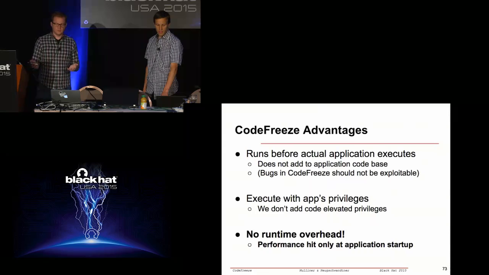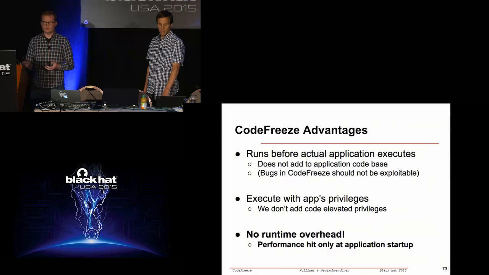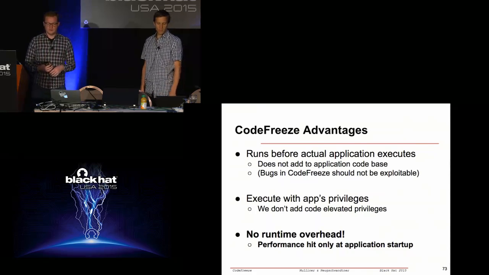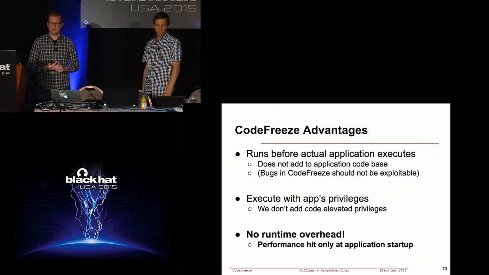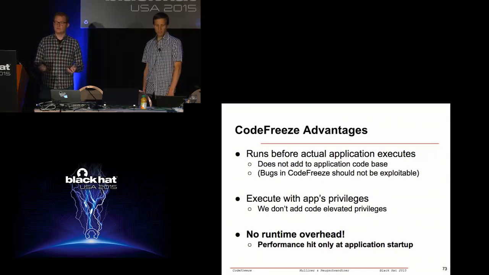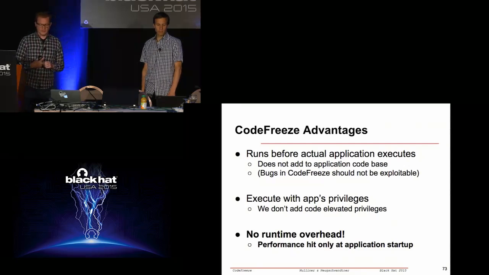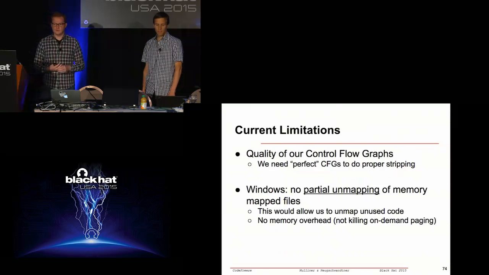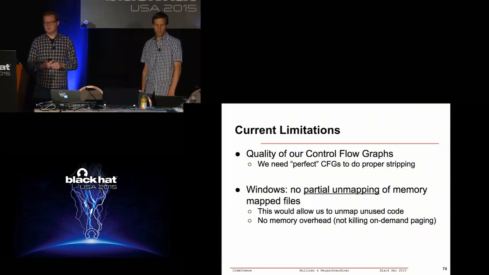We execute with the application's privileges, so we don't raise any privileges for our code, and we don't induce any runtime overhead. We have this small performance hit when you start the application for the first time. Then it takes a little bit longer, but if you think about server applications or long-running processes, this doesn't matter at all.